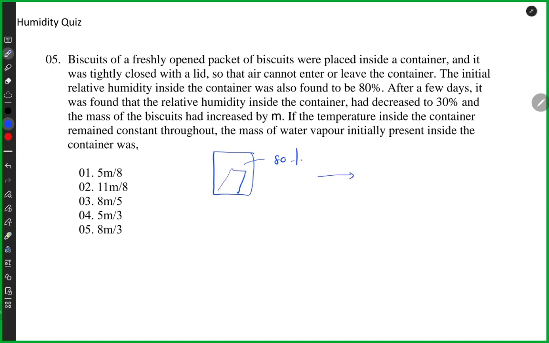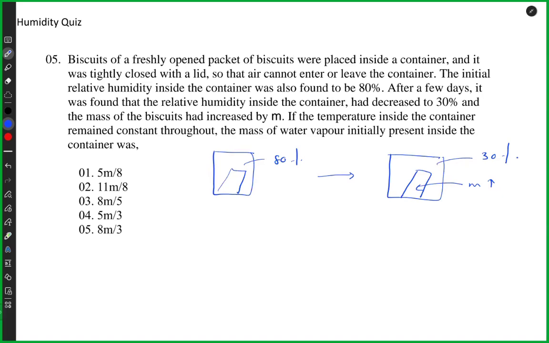Then after some time, it's noted that the mass of the biscuits has increased by m, and the relative humidity of the space surrounding the biscuits has decreased to 30%. That means the biscuits have absorbed the water vapor, and therefore the relative humidity has dropped.